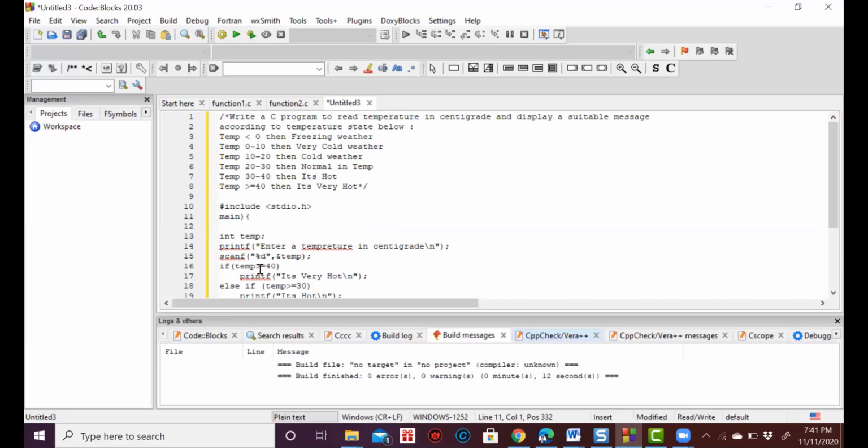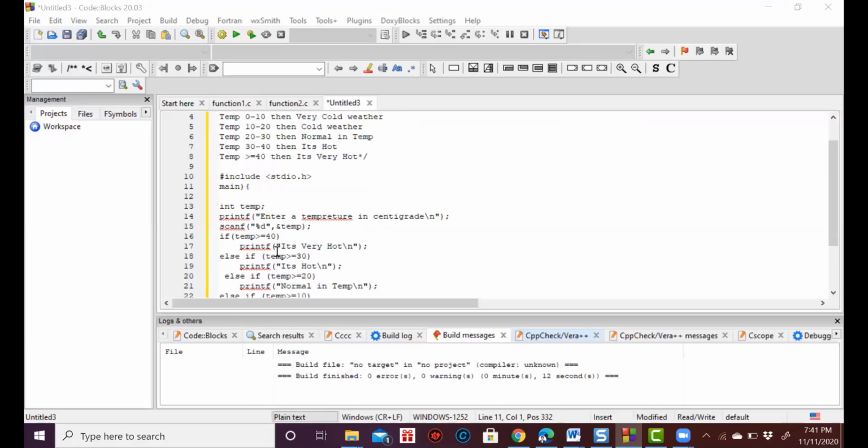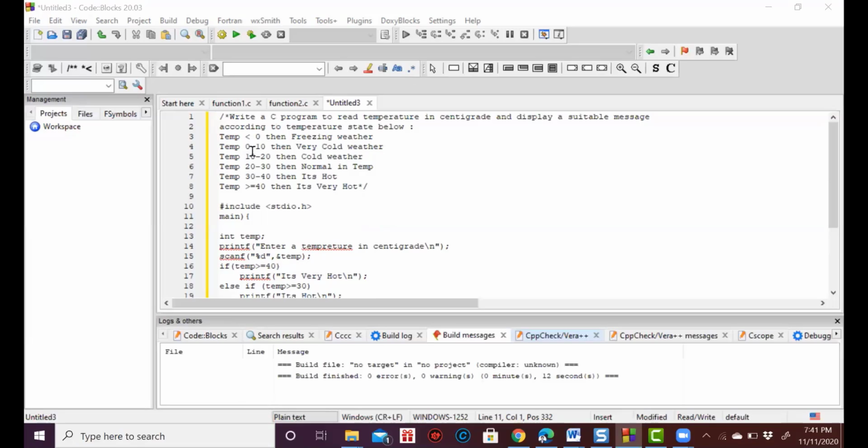Yes. Okay, you can put it from 0. And then you can else if, and then in between 0 and 10. Okay, you can put it like this.